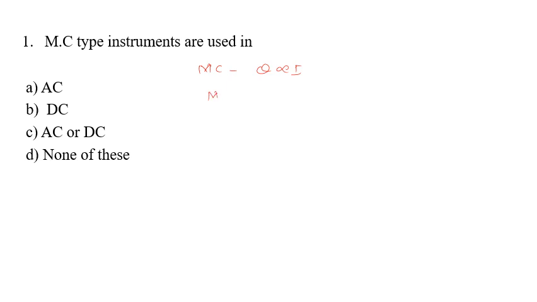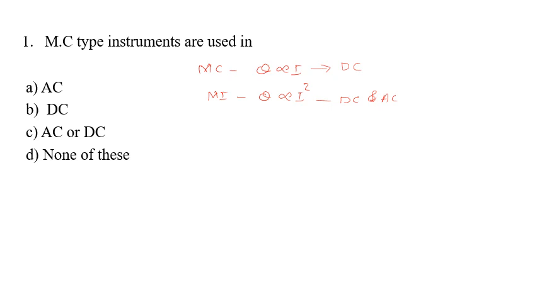And for moving iron type instruments, deflection angle theta is directly proportional to the square of the current. From these relations, we can see that moving coil type instruments are used for the measurement of DC, and moving iron instruments are used for the measurement of DC as well as AC.